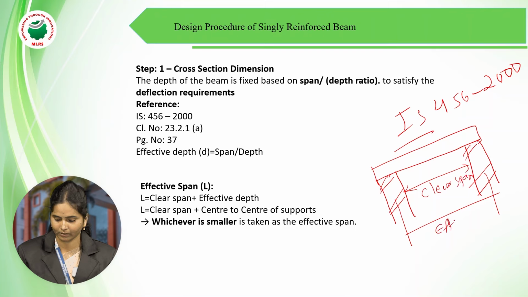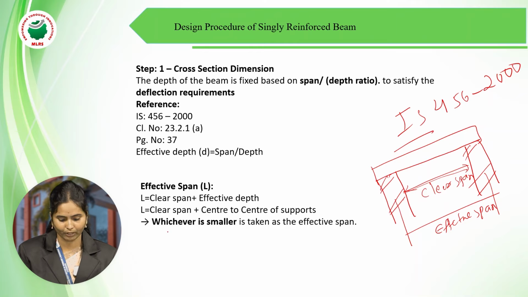This is the effective span. What is the topic here? Effective span L. Finally, find the effective span L. First, L is equal to clear span plus effective depth. This is the clear span. Already we need to find the depth here, so add the depth, and we can get L.